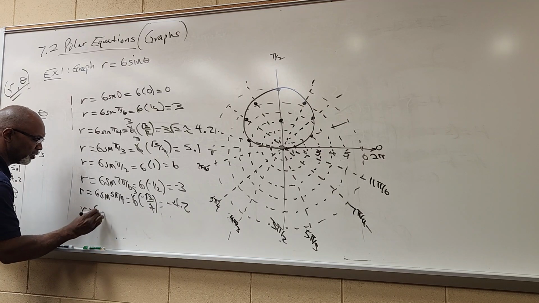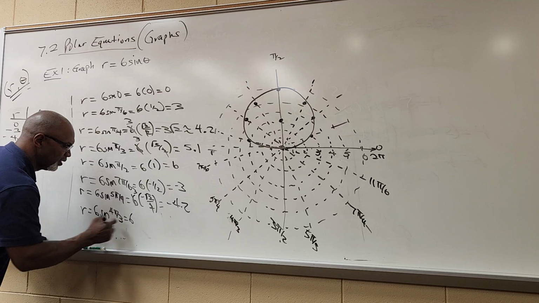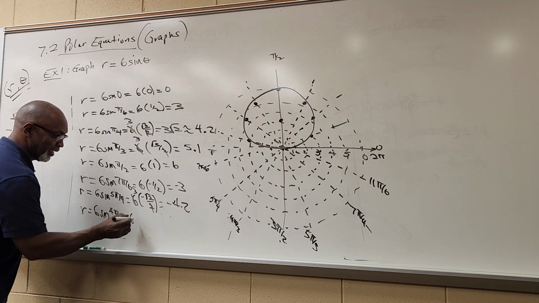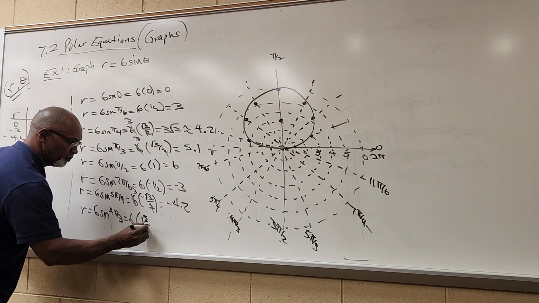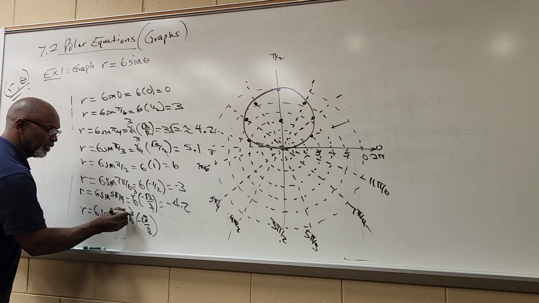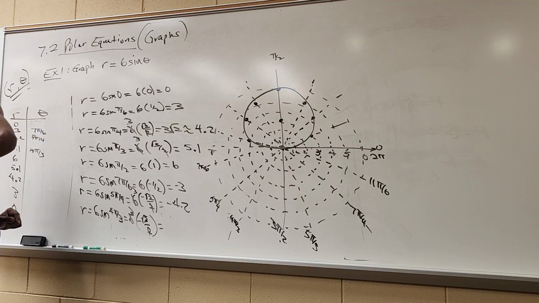R equals 6 sine 4 pi over 3. Look at your unit circle. The y coordinate at theta equals 4 pi over 3 is negative square root of 3 over 2. Okay? So the 2 goes into 6, 3. That's 3 times negative square root of 3. That's negative 5.1.